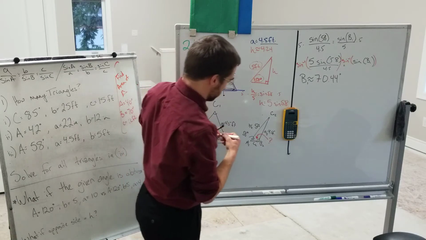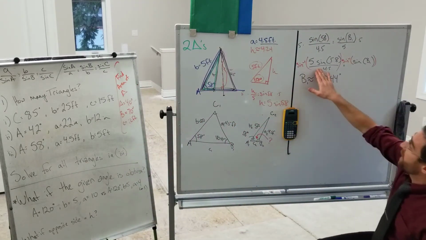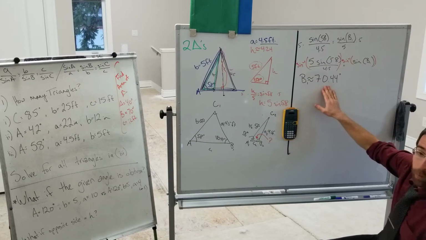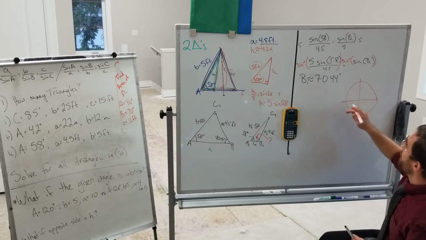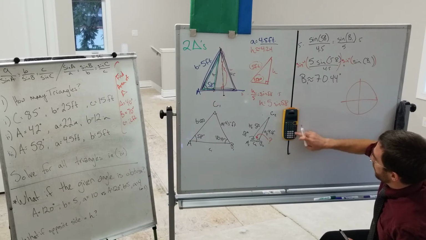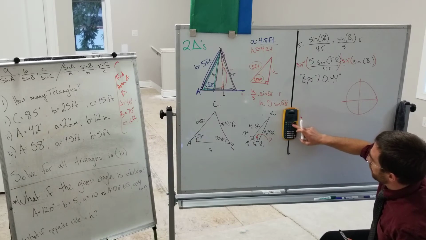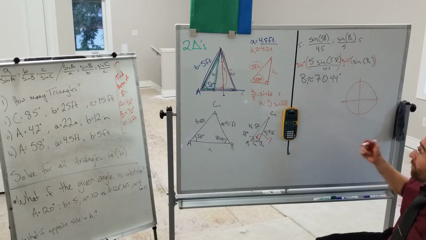What is this? Well, we know that when we take the inverse sine of this, we get 70.44. If I look at the unit circle, that means this value, which I'm just going to approximate, is about 0.94.